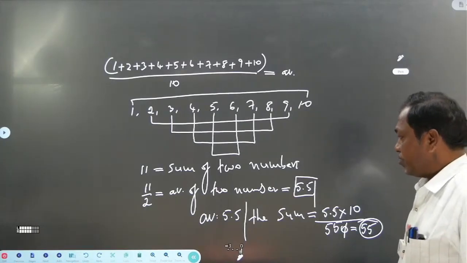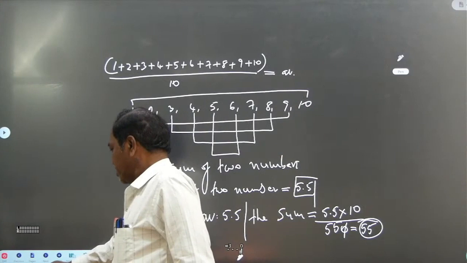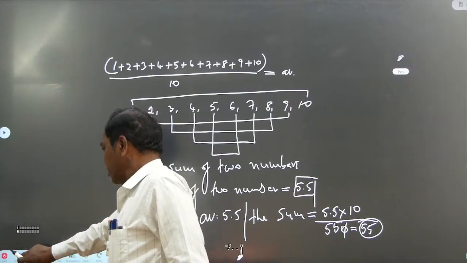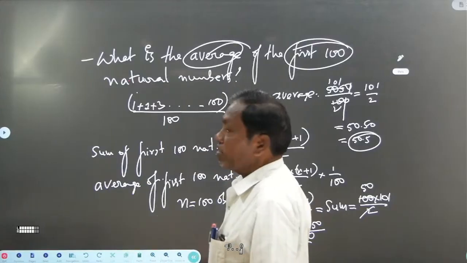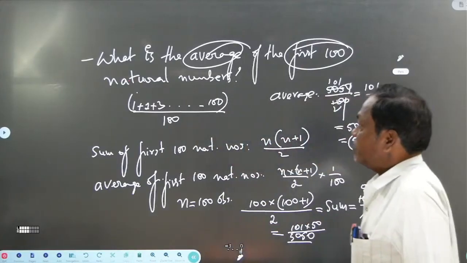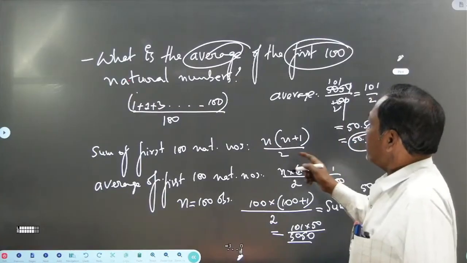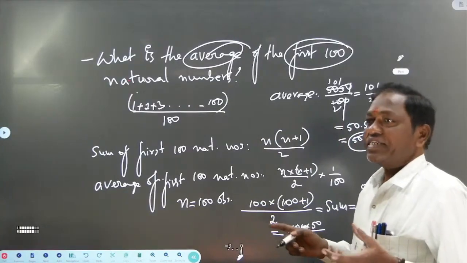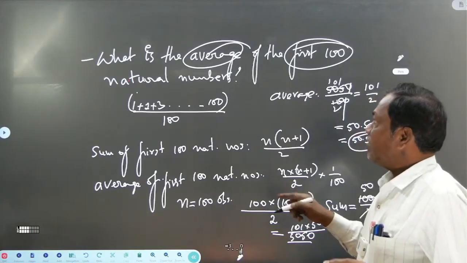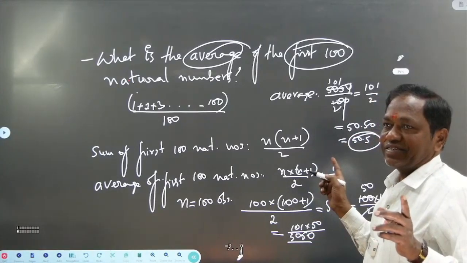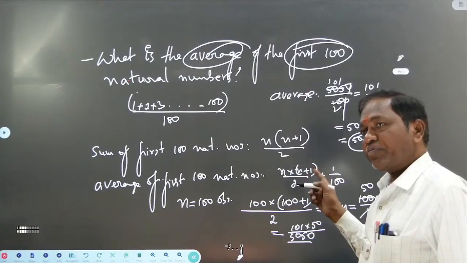Now let us come back to what we are discussing. We are talking about 100. If you take 1, 2, 3, up to 100, the average means you can take any pair: the sum of the first number from the beginning and the first from the last.